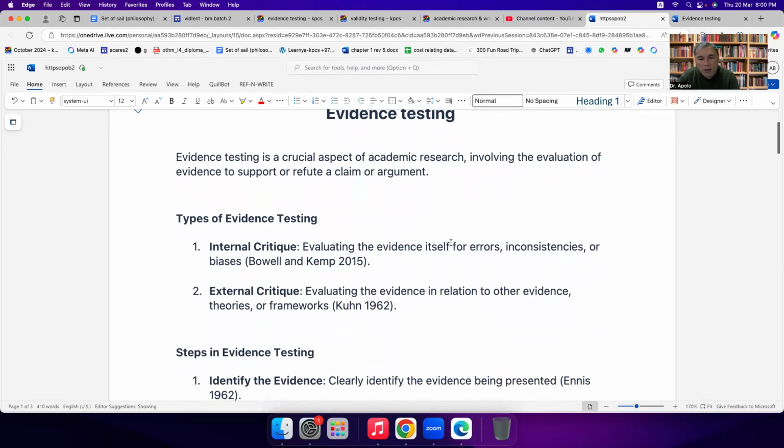Internal critic evaluates the evidence itself for errors, inconsistencies, or biases, which are the beliefs of one group of people that may not be correct to the totality. External critic looks at evidence in relation to other evidence, theories, or premises. That's why they have different theories.